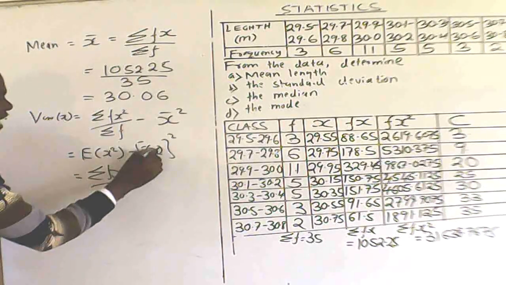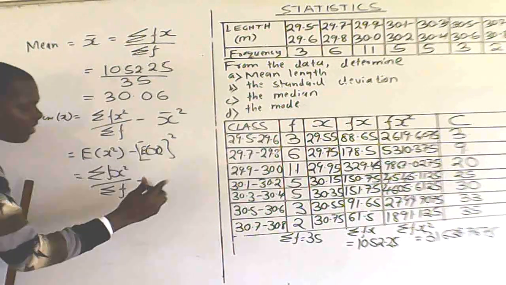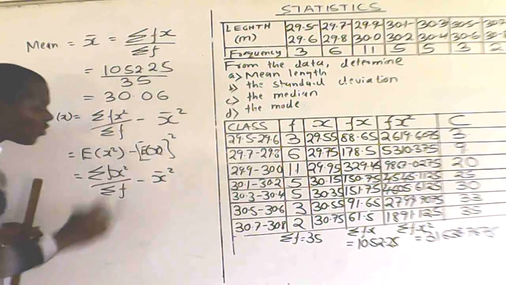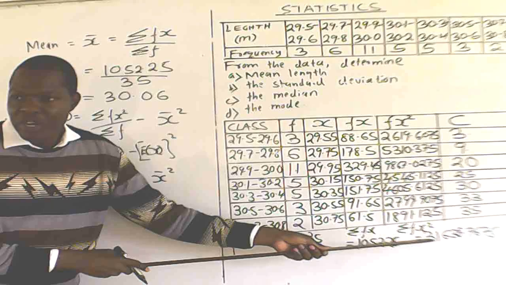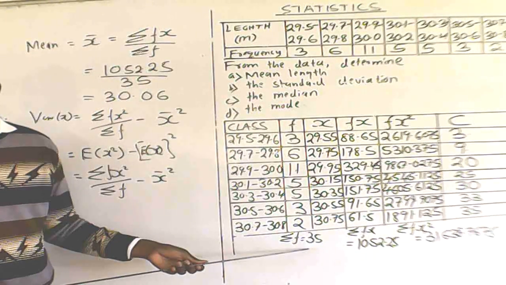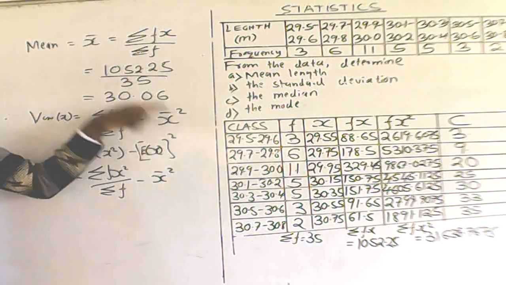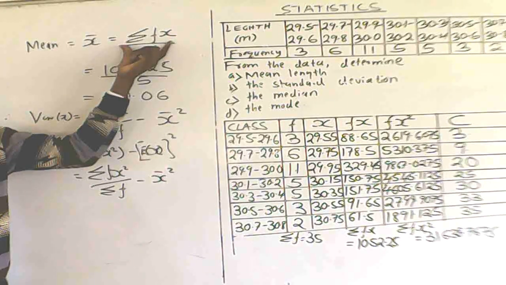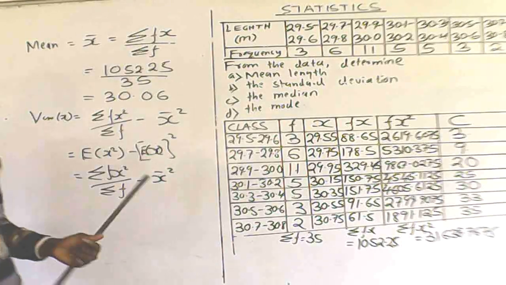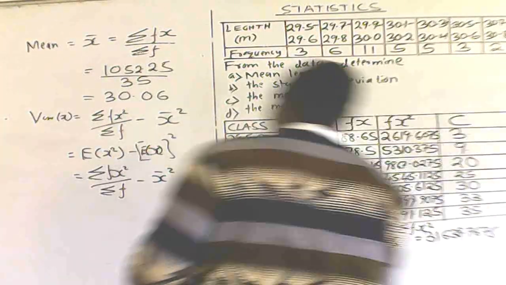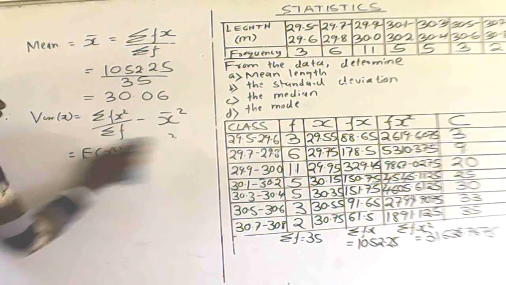Then it is minus expected value of x, which is the mean of x, squared. So the variance is summation fx squared divided by summation f, then minus the mean squared, because you already found the mean. Are we together? Good. So if you are together, can you now substitute those values to get the variance?